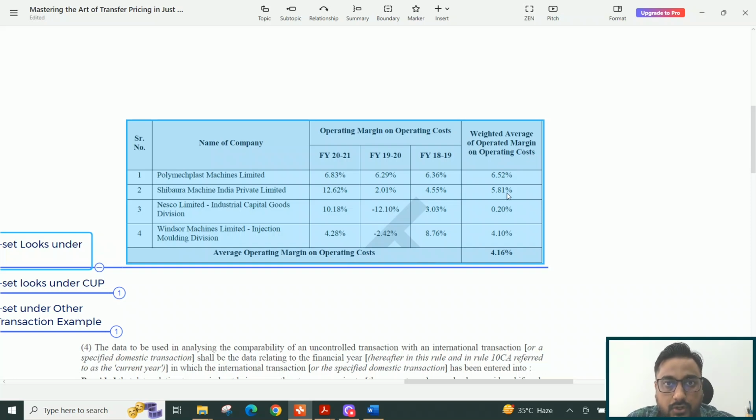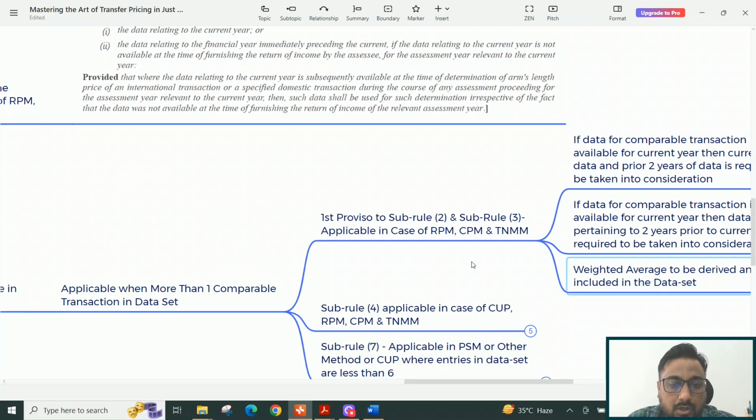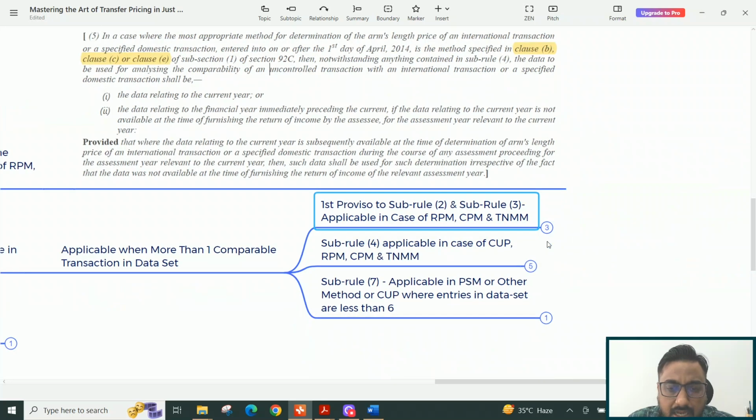This is just for your understanding. We are going ahead with the practical part also. So this is what the first proviso to sub rule 2 and sub rule 3 meant, and it is only applicable in case of RPM, CPM and TNMM. Now, sub rule 4 will be applicable in case of CUP, RPM, CPM and TNMM.